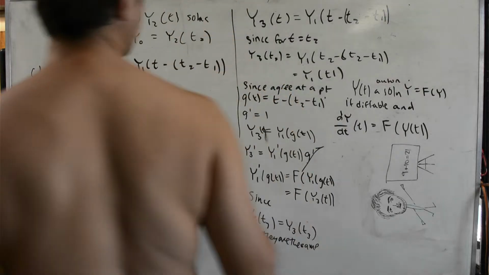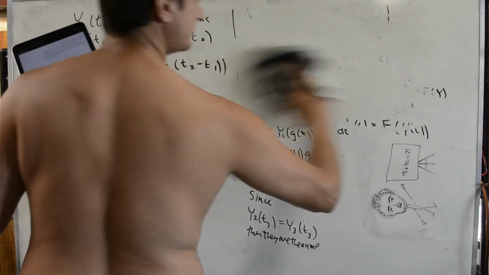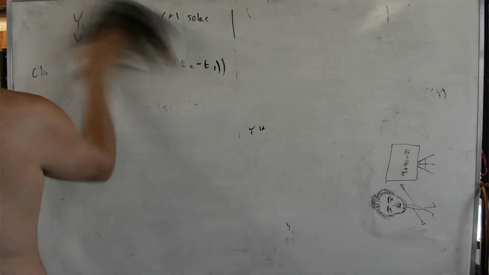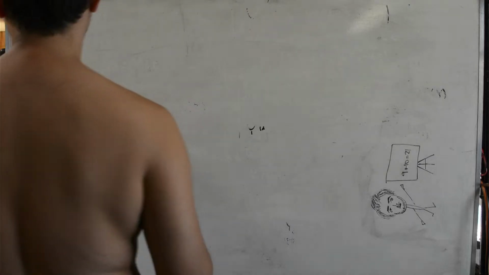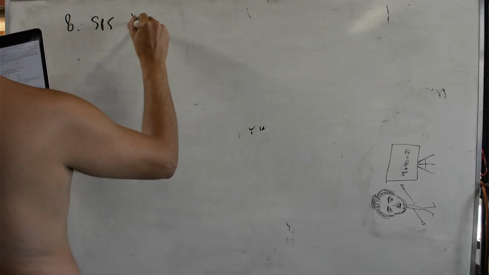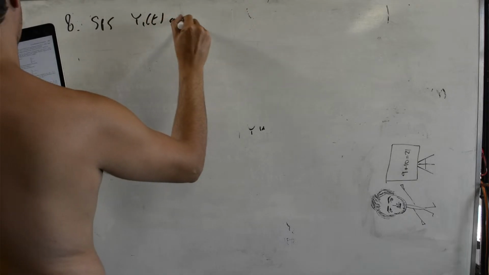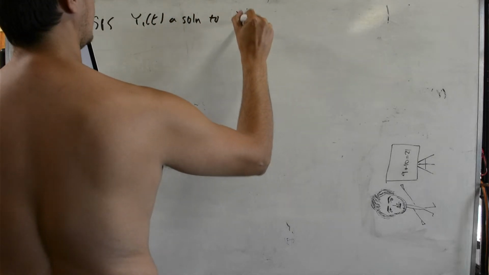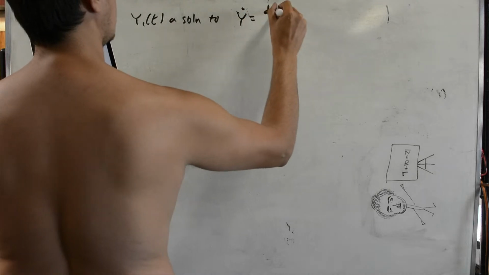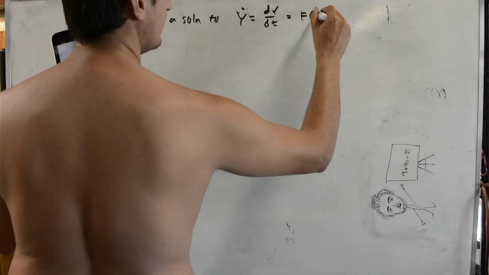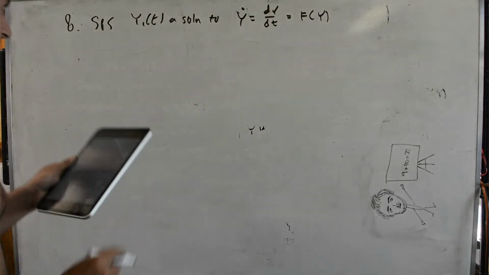Okay, so it's problem 8. Suppose y1 of t is a solution to dy/dt equal to f of y. Okay.